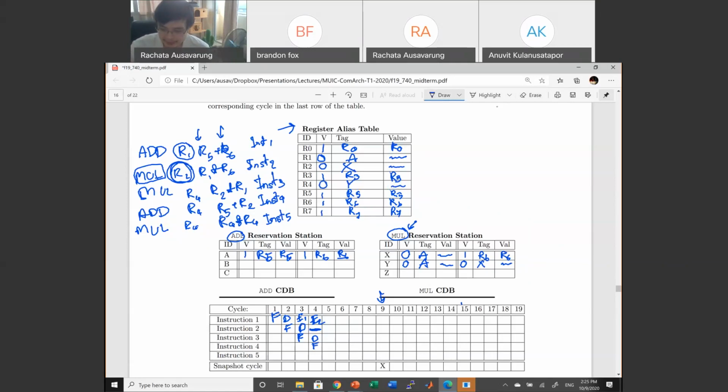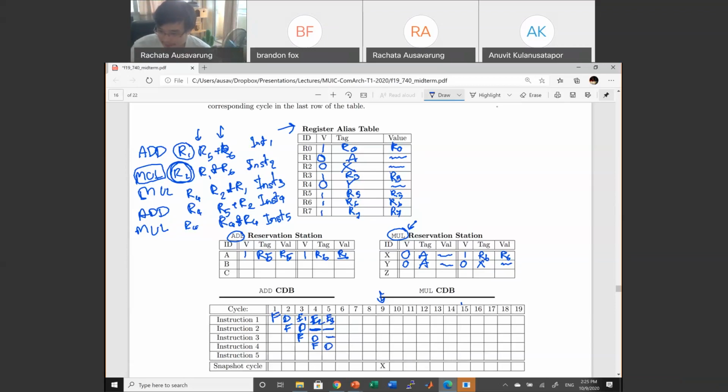In cycle number 5, execute stage 3. Can I do this yet for instruction 2? No, because you haven't finished execute 3. So you still cannot do this. You then decode instruction number 4. Instruction number 4 is adding R5 and R2.